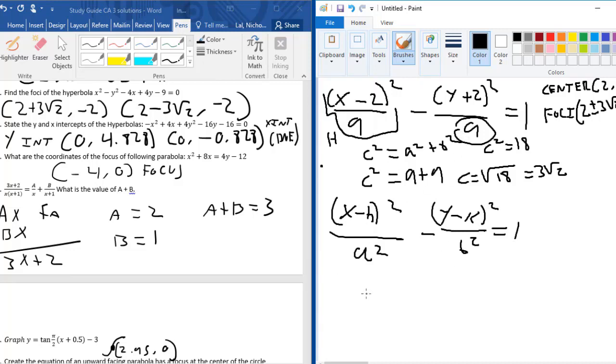A is 3. B is 3. But a squared is 9, and b squared is 9. Okay? So your focal length is 3 root 2. And the center is 2, negative 2. So the foci are 2 plus 3 root 2, negative 2, and 2 minus 3 root 2, negative 2.